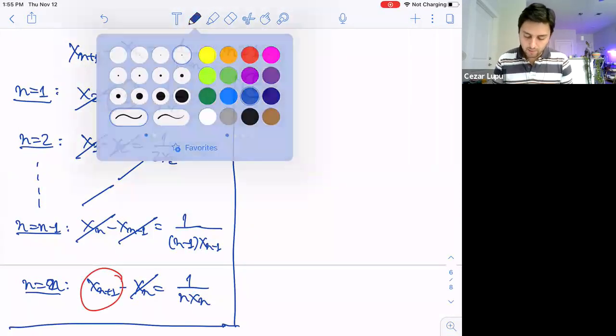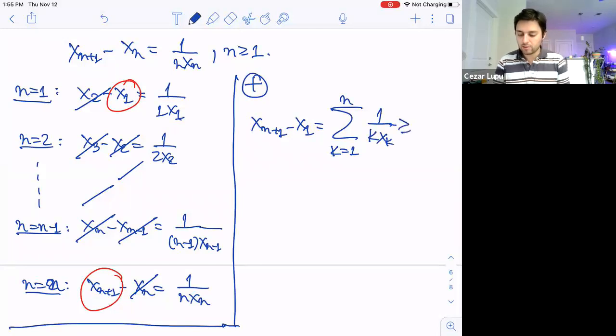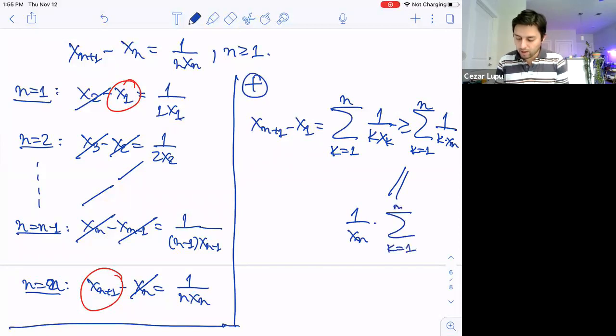So when we sum up everything, we will have that xn+1 minus x1 will be the sum from k equals 1 to n of 1 over k xk. This will be greater or equal than the sum from k equals 1 to n of 1 over k times xn, which is equal to 1 over xn times the sum from k equals 1 to n of 1 over k.